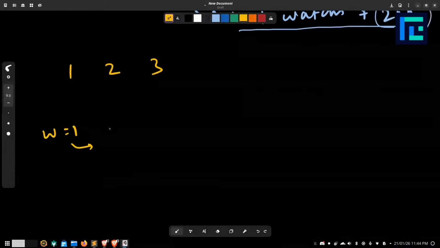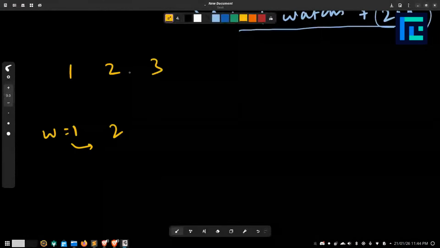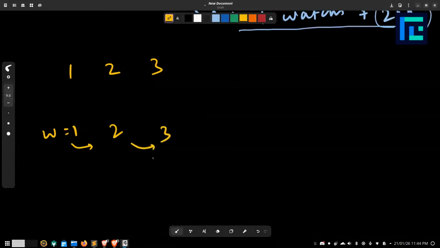So I'll retain the watch, and on the next day my watches will become two, since I'll get another free watch. And now I have the option to sell watches. If I don't sell watches, I'll go to the next day with three watches. And having three watches is not good, because I'll have to waste one watch, since at max I can sell two at this index.